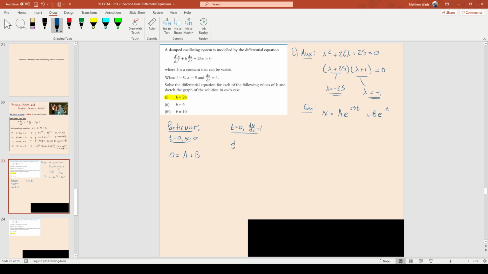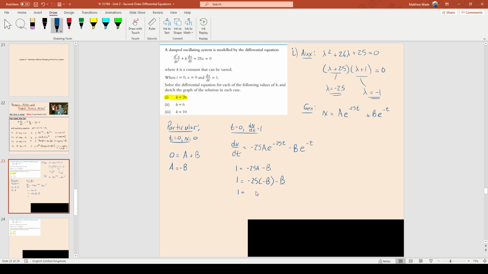Let's do it. You're going to get dx/dt equals minus 25a e to the minus 25t because of chain rule, minus b e to the minus t because of chain rule. Okay, now let's bodge our stuff in. So 1 is going to equal minus 25a minus b, as the exponentials all just go to 1. But we know that a is equal to minus b, which means we get 1 equals minus 25 times minus b, minus b.